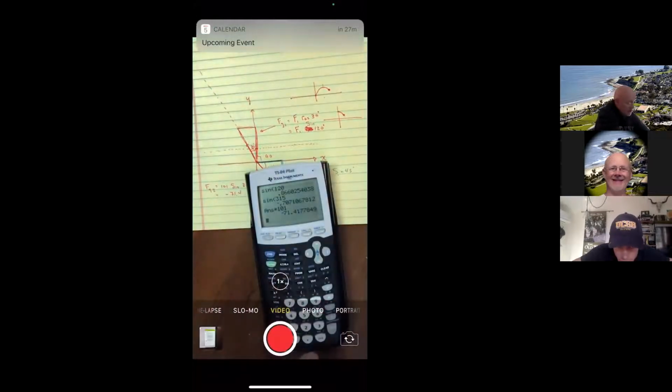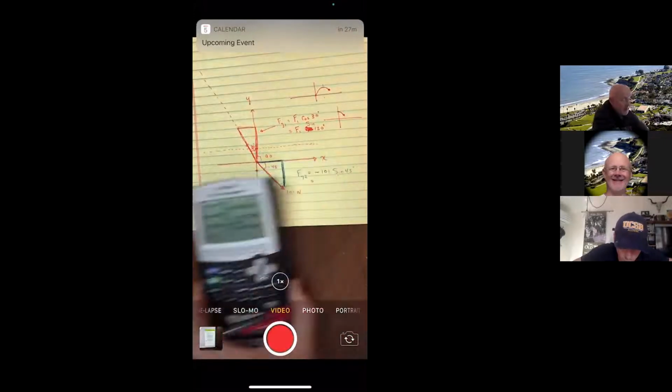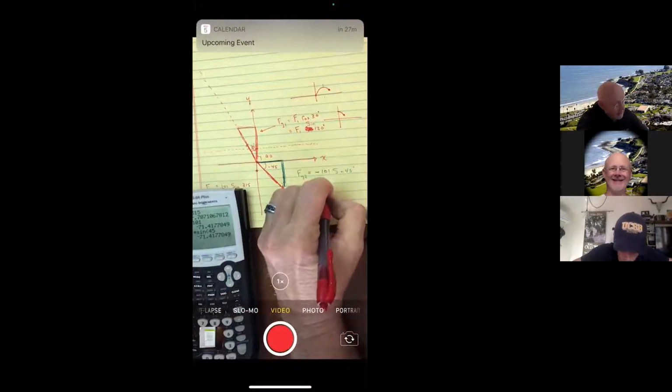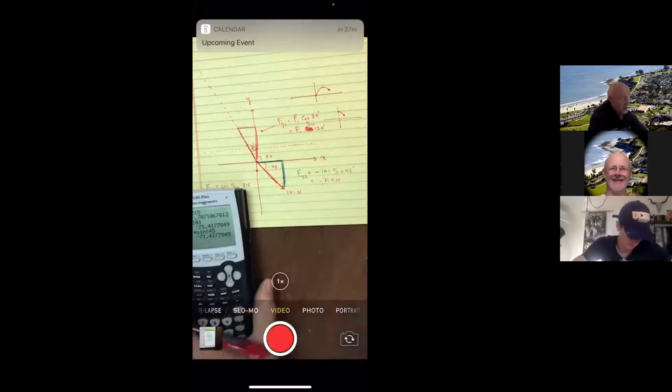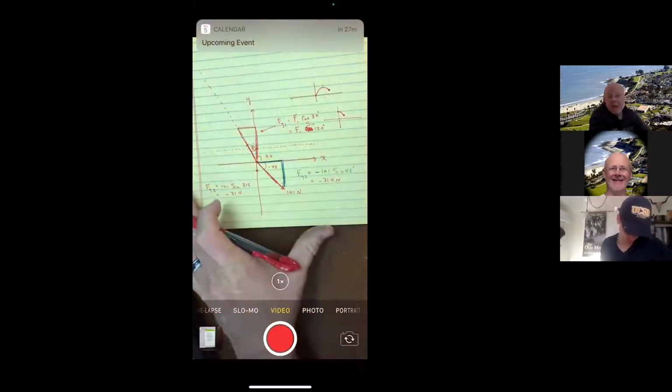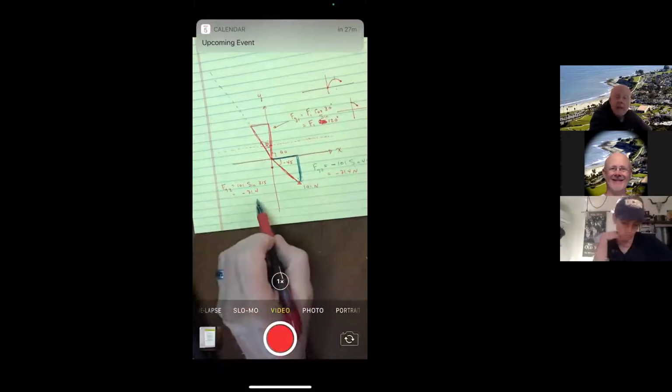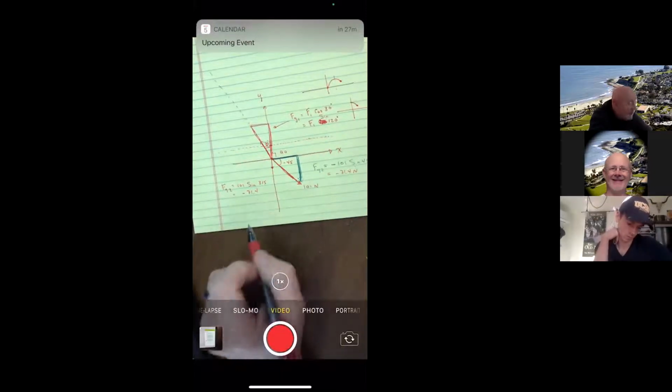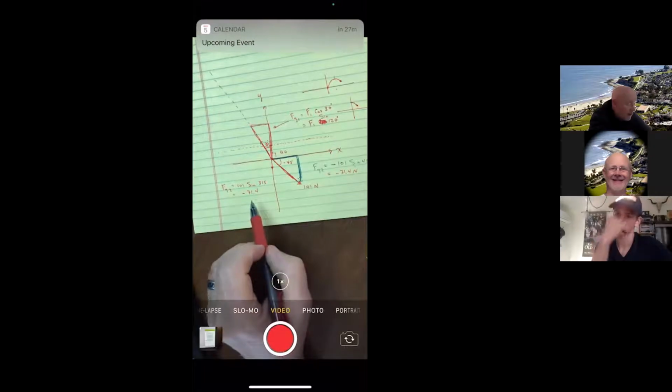Okay, but watch this. So if I put in a negative and I do 101 and I multiply by sine of 45, I get the same number. I get a negative 71.4 newtons. So maybe at this point, doing it the math way might be the way to go.